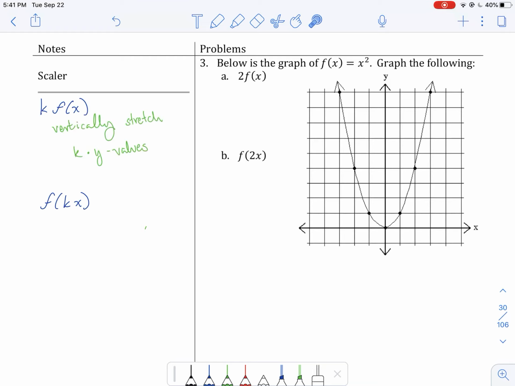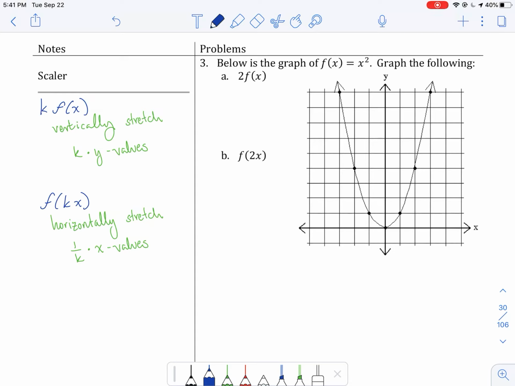If it's here, it's a vertical stretch because we're taking every y value and multiplying it by 2, versus here where we're horizontally stretching, and just like how the horizontal shift didn't really work the way we thought it should, here the horizontal stretch doesn't work the way we think it should either, because it's 1 over k. Think about inverse variation here.